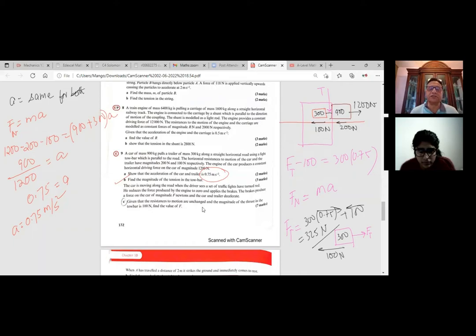Given that the resistances to motion are unchanged, that means those forces are still acting, 100 and 200, and the magnitude of the thrust in the tow bar is 100 newtons. Find the value of F.